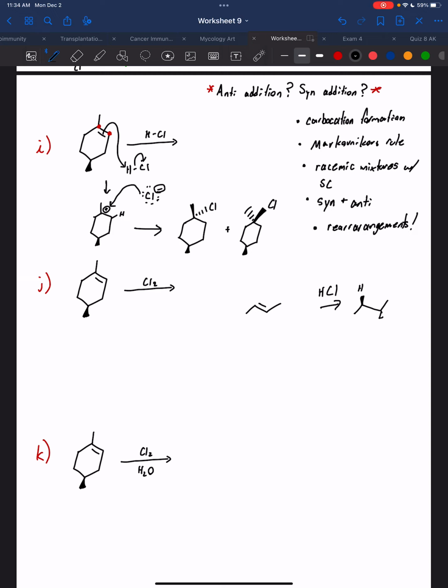Syn means that you're adding the hydrogen and your chlorine in the same position. So both will be on the wedge, or they can both be on the dash, so this is still syn. You're adding them in the syn position. Whereas anti means that you're adding them in opposite positions. So one of them could be on the dash and one of them could be on the wedge. This is anti. And so that's all it means.